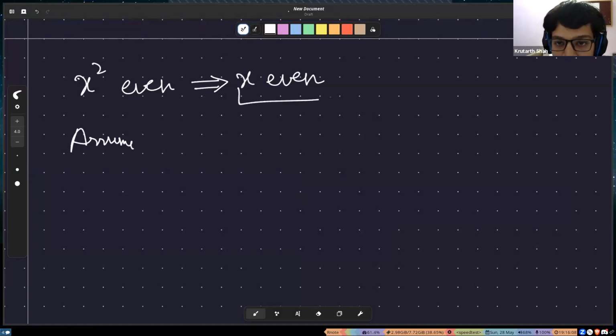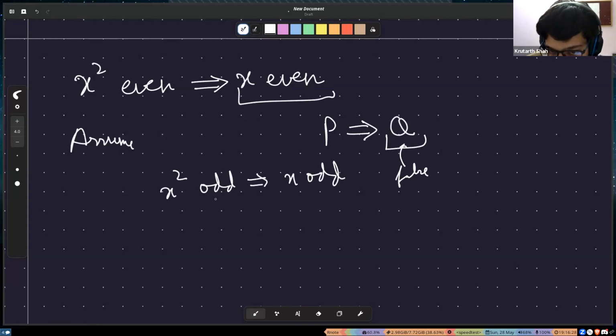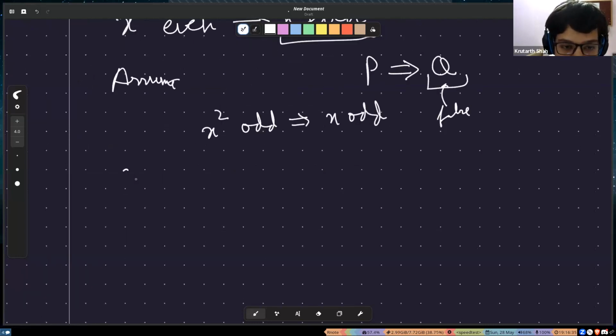You have to assume that this is odd because when we are looking at the statement of P implies Q, in the contradiction, we want to assume that this is false. So if, let's say by chance, you showed that x square odd implies x odd, you have shown nothing when x is even, right? Okay, so let's assume x is odd. Yeah, so you assume x is odd, fine.